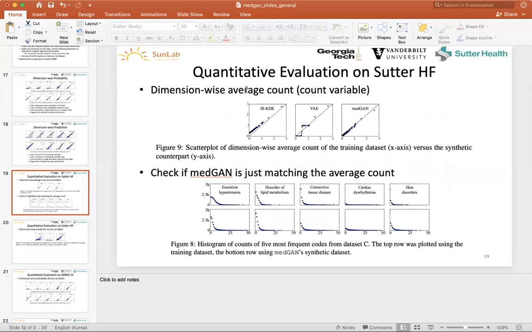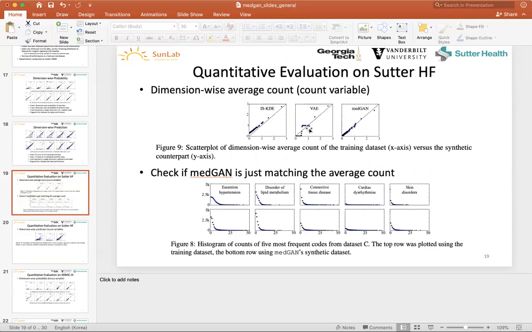And this time I didn't compare with all the other GAN variants, the ablation study, independent sampling, or random noise. It's just more of a sanity check.